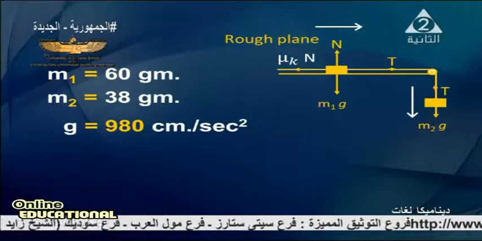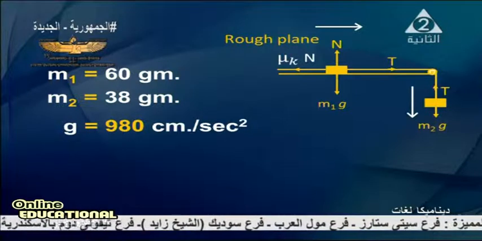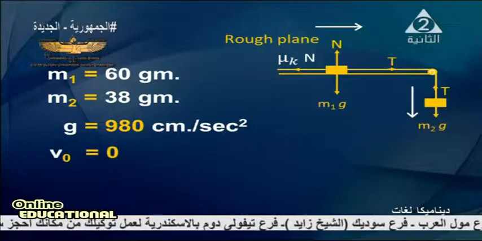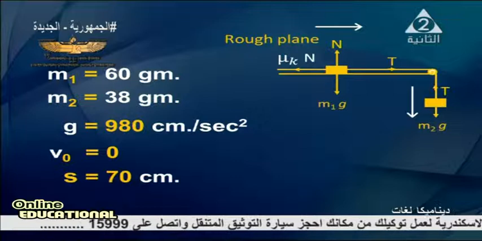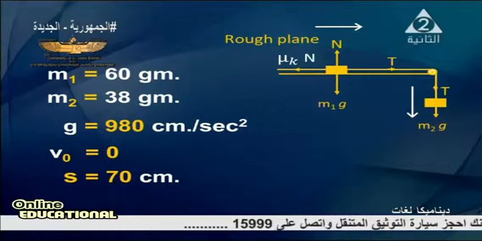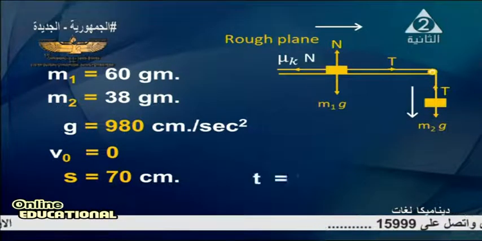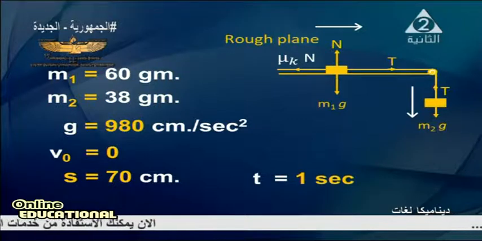The system starts motion from rest, then V naught equals 0, and travels a distance S equals 70 centimeter in 1 second, the time T equals 1 second.